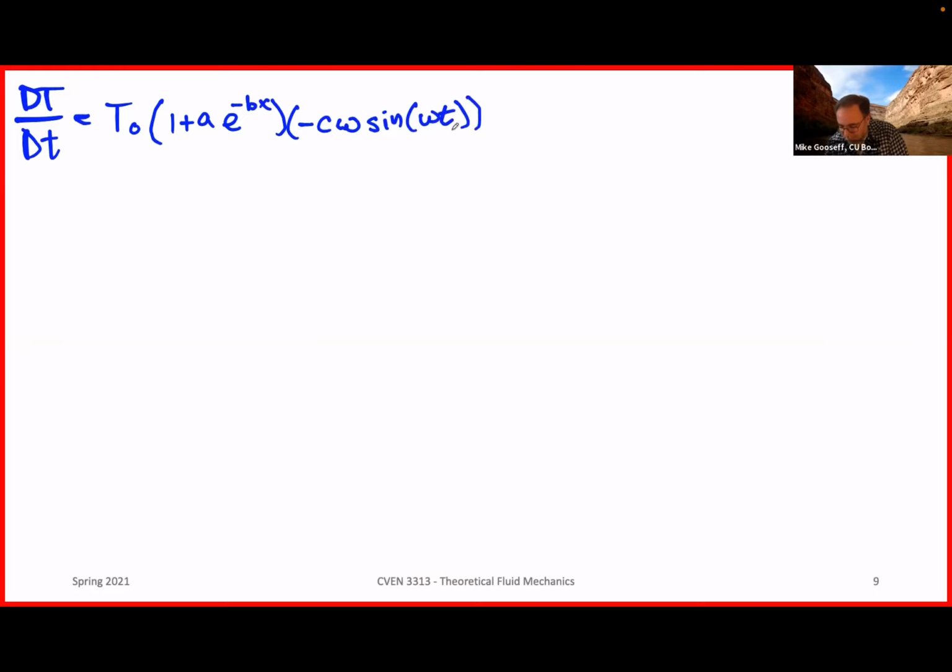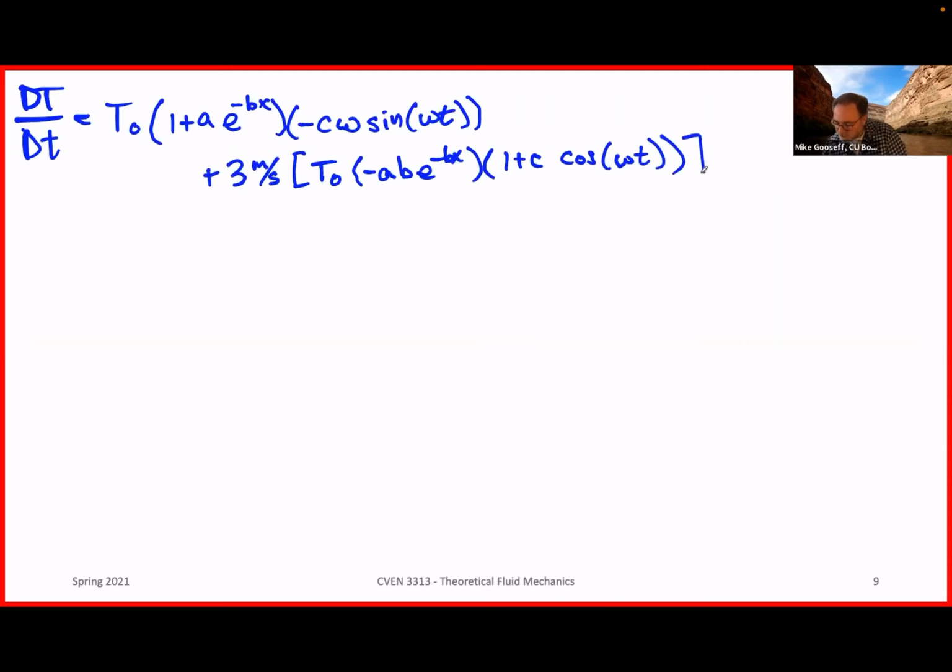And then we add 3 meters per second, so that's the U value, times T naught times minus a times b times e to the minus bx, and then multiply by 1 plus c times the cosine of omega times t. Close that bracket there.